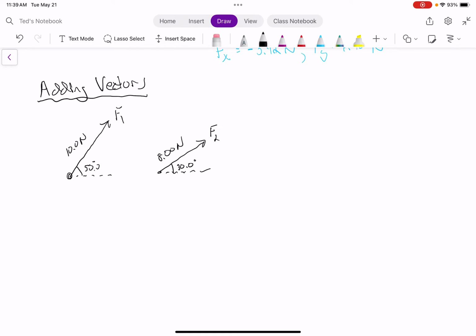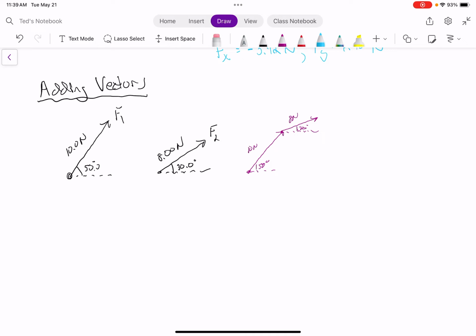So if we have two vectors like this, what it means to add them together graphically is we take the first vector, that's my 10 newtons, with my angle of 50 degrees, and we then start the second vector at the end of the first vector, and so this is going to be my 8 newtons with my angle of 30 degrees.